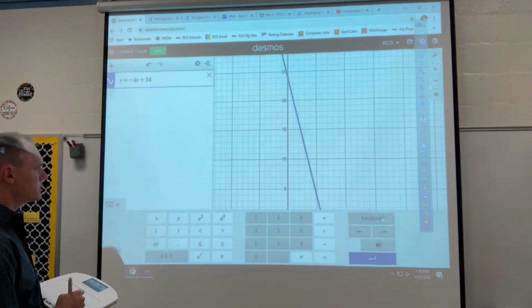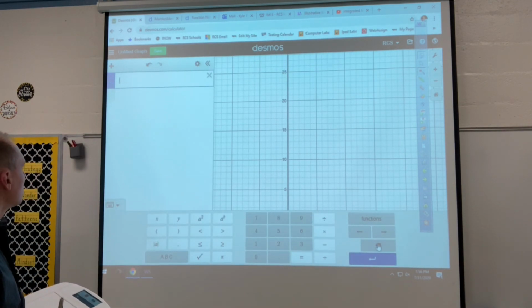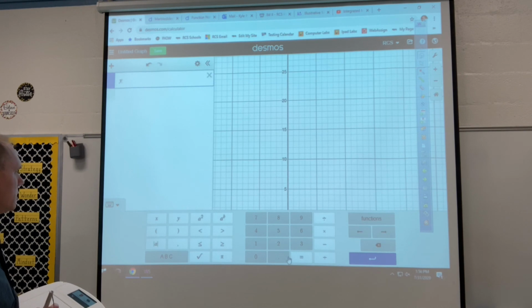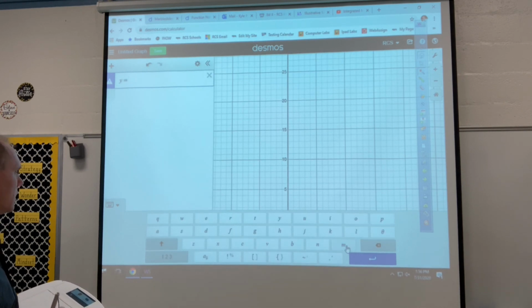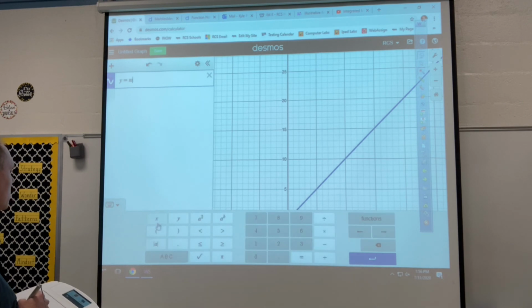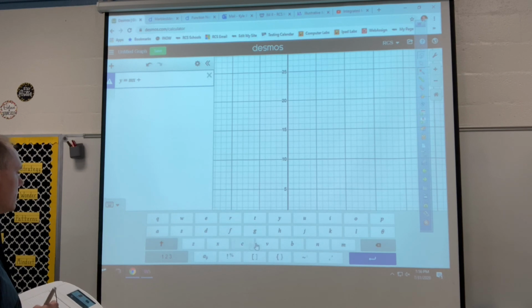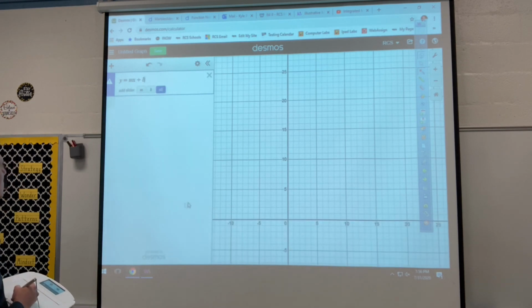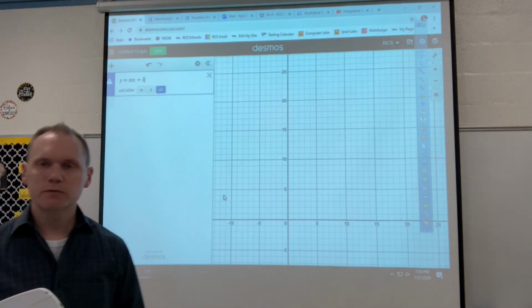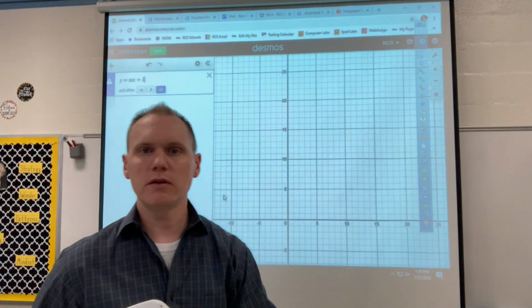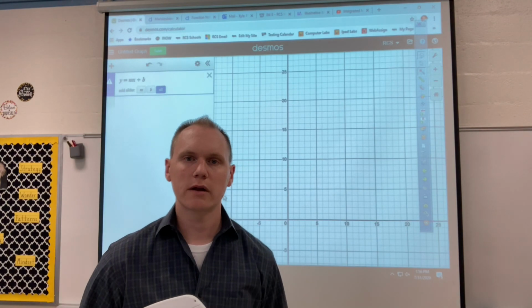I'm going to change this though. I'm going to delete this and put y equals mx plus b. When I type in mx plus b, I'm putting m for the slope and b for that constant or y-intercept.